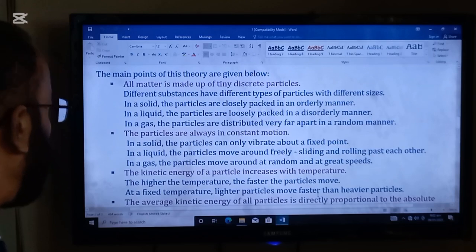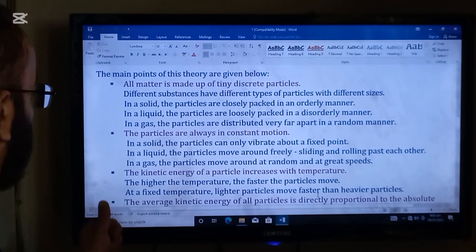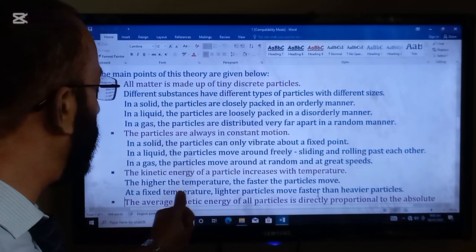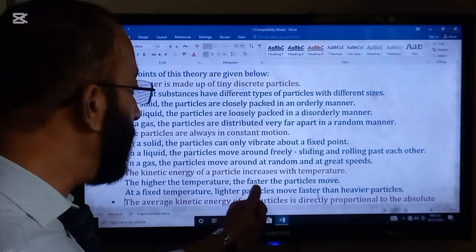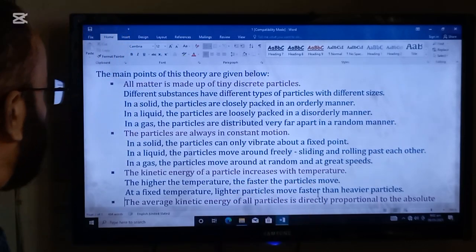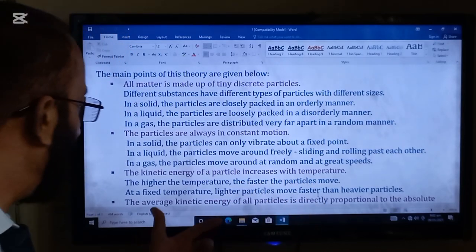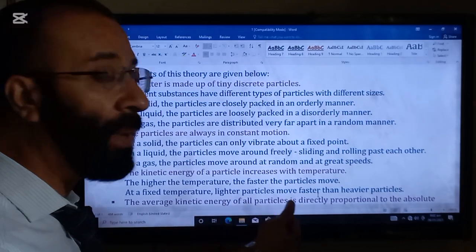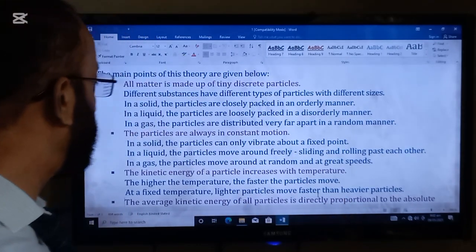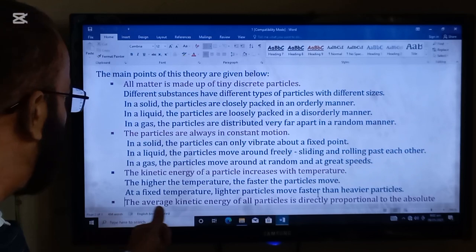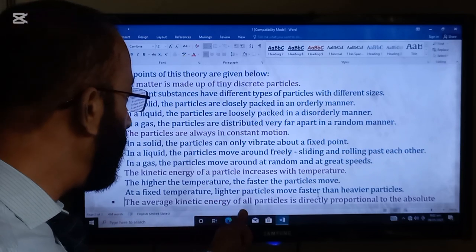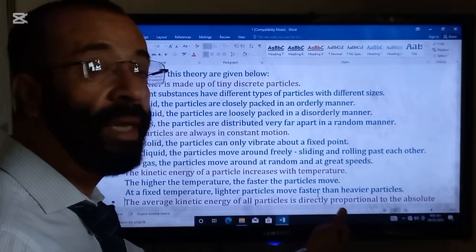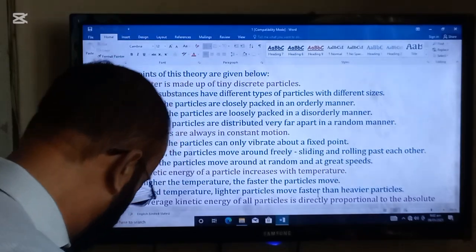Next point of the kinetic particle theory is the kinetic energy of a particle increases with temperature. Explanation is the higher the temperature, the faster the particles move. At a fixed temperature, lighter particles move faster than heavier particles.